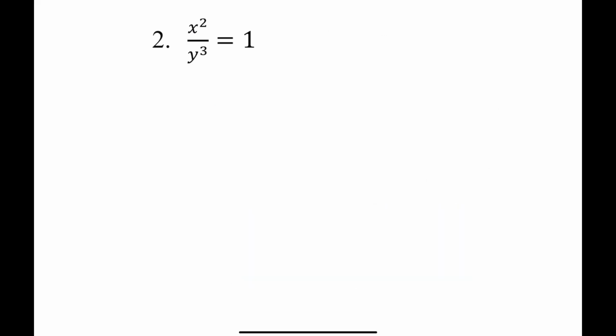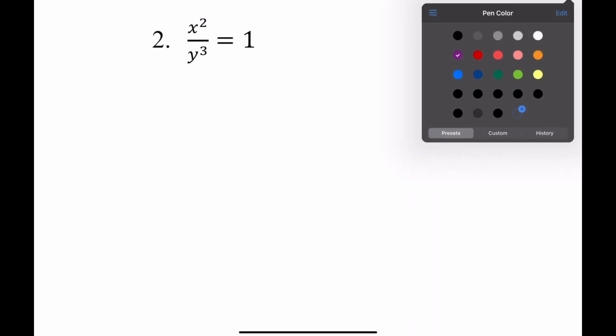So for number 2, we have a quotient rule situation. So I'm just going to change this into product rule form. So we're going to have x squared times y to the minus 3 equals 1.